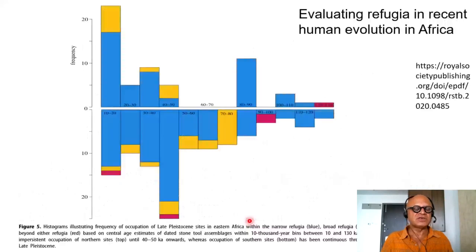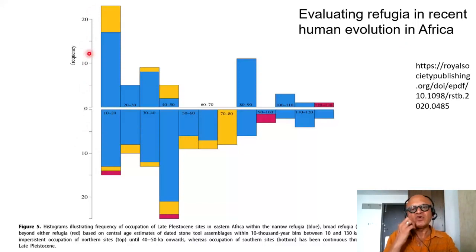So this is the other diagram from a separate paper that looks at typology of refugia. So this is evaluating refugia in recent human evolution in Africa. So we are going back in time and looking at the frequency of refugia.